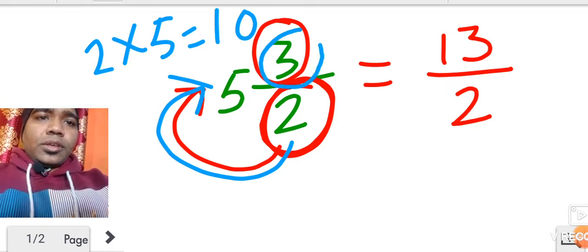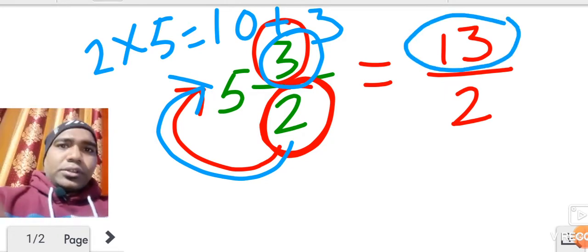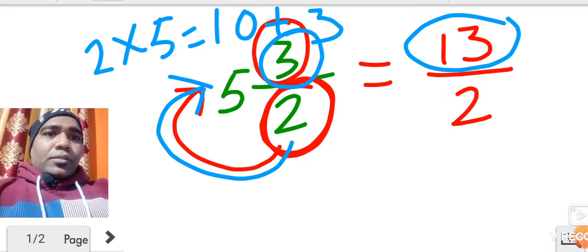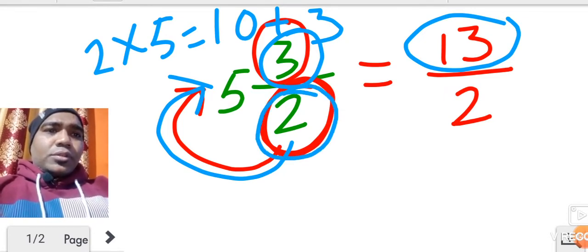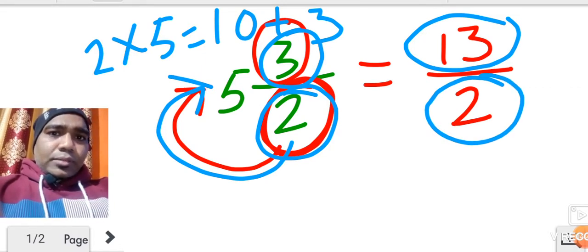You can see here 3. So this 3 you'll add to 10. How much will you get? 13. So we have written here 13. Now what is there in the denominator? 2. So in the denominator we'll write it as it is. I hope it is clear to you how to change a mixed fraction into an improper fraction.